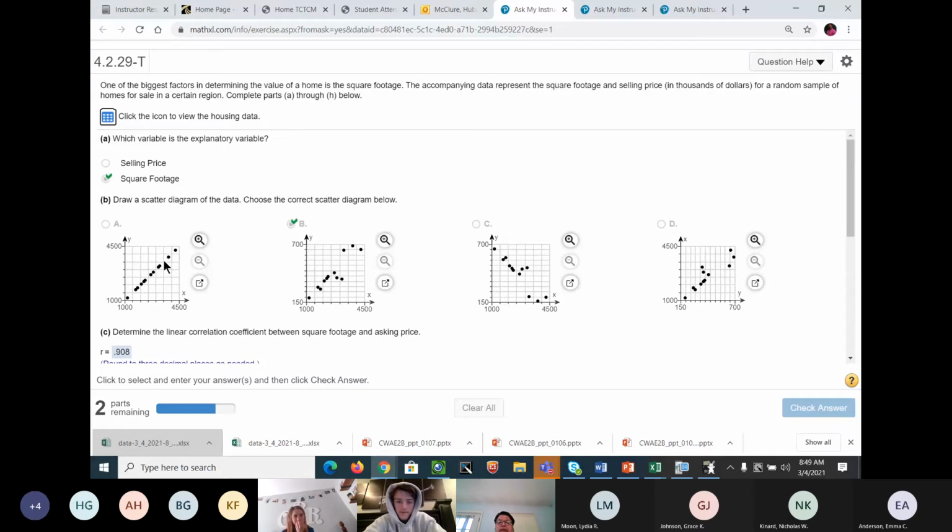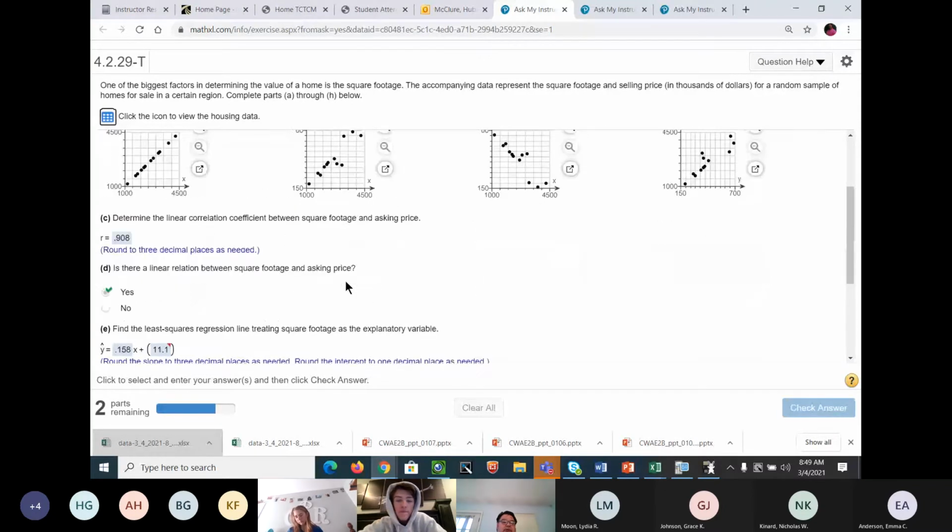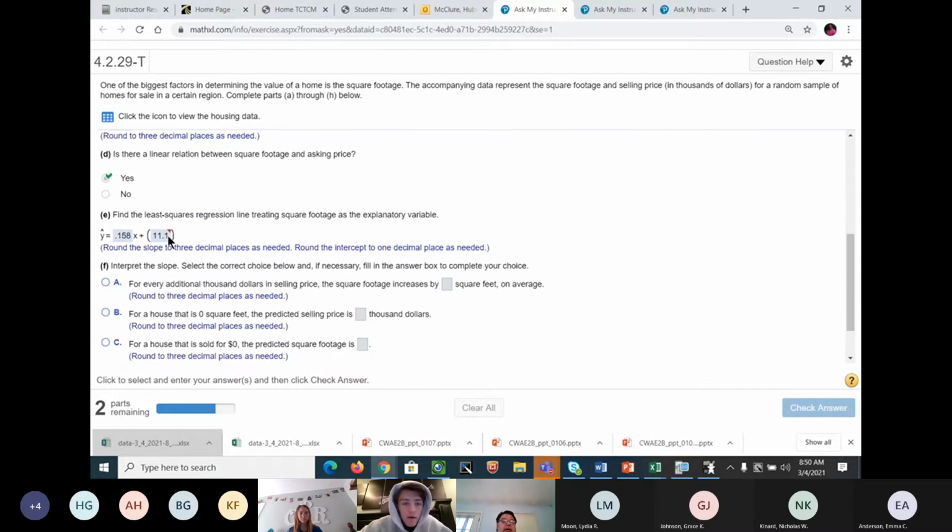So it's got to be B or D, and he's already checked B, so we know that's right. And 0.908, I would get 0.907, but that 4 doesn't bump it up to an 8, but that's okay. Is there a linear relationship? Yes. And then find the least squares regression.